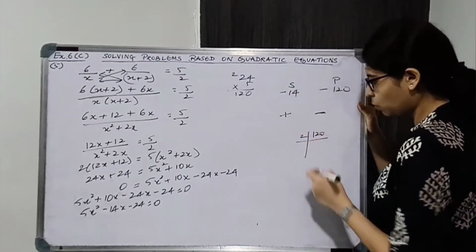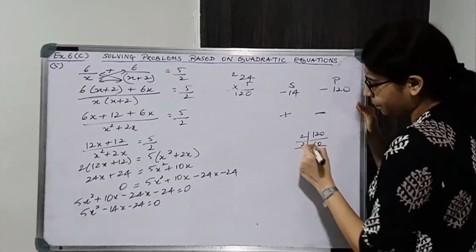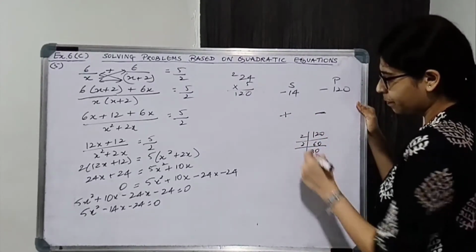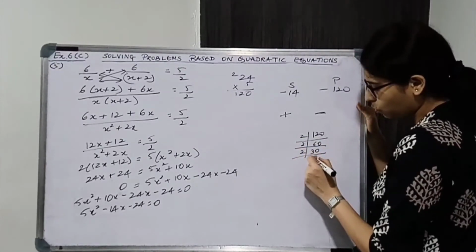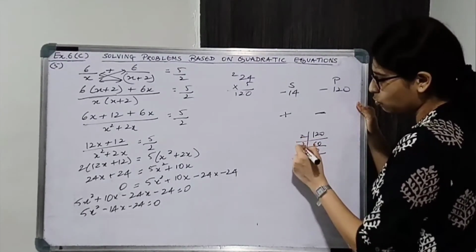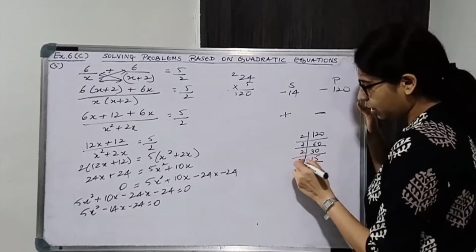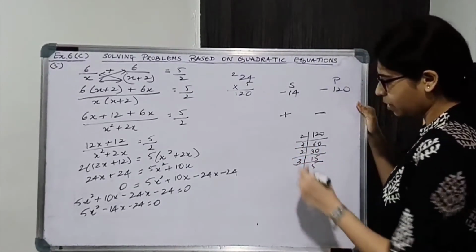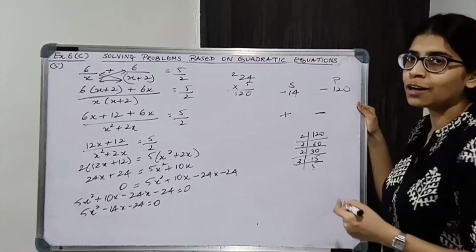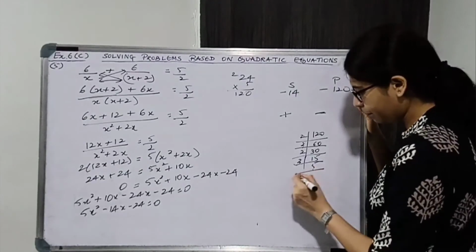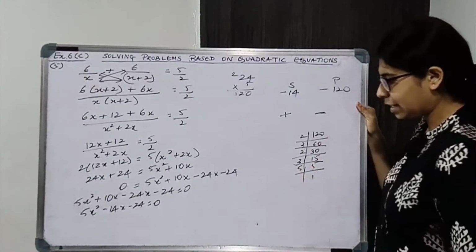So 2 60s are, difference will not give you 14. 2 30s are, 2 2s are 4, 4 and 30, no. 2 15s are, so 2 2s are 4, 4 2s are 8, 8 and 15, no. 3 5s are, so 8 3s are 24, 24 and 5, no. So we are not getting the factors.